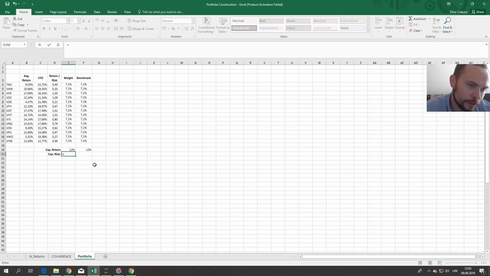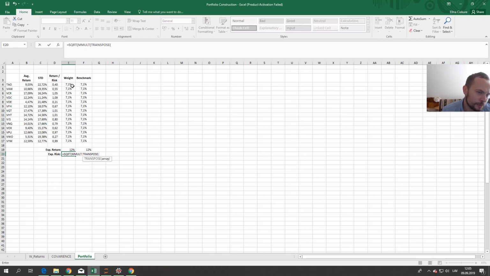So let's go with the risk formula then. First of all, we'll need to take a square root of it, because the standard deviation is a square root of the variance, and we'll calculate it by matrix multiplication of our weights, transposed.